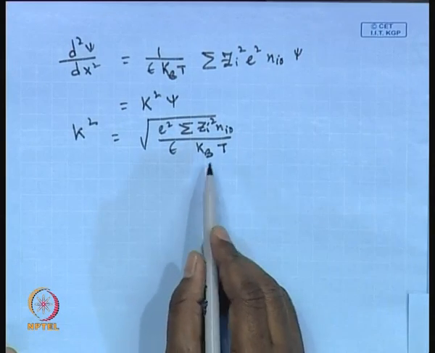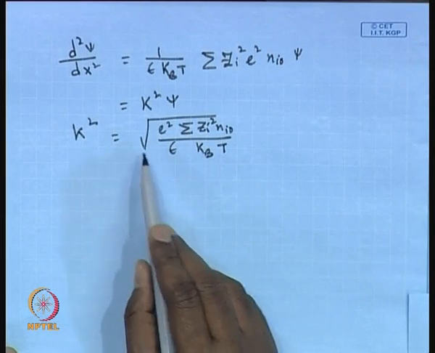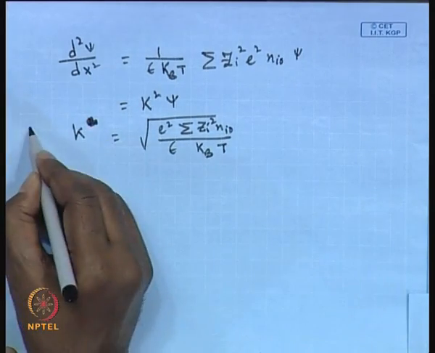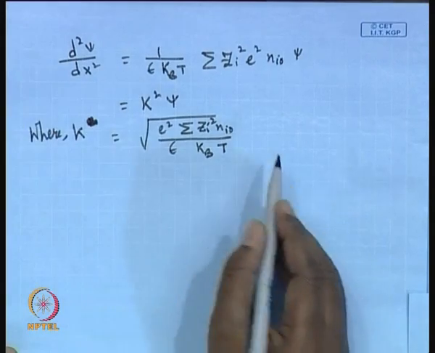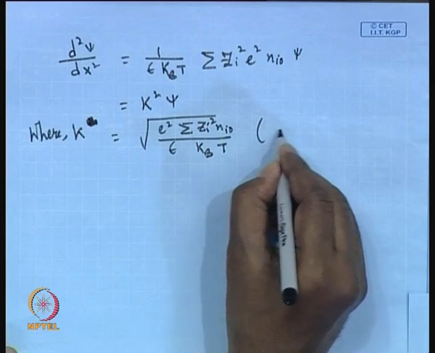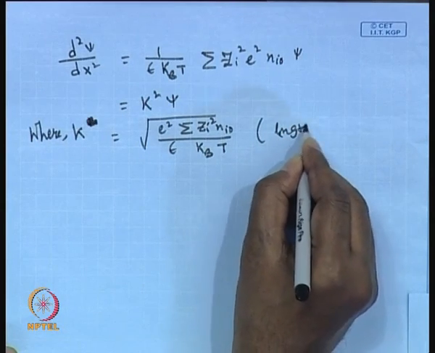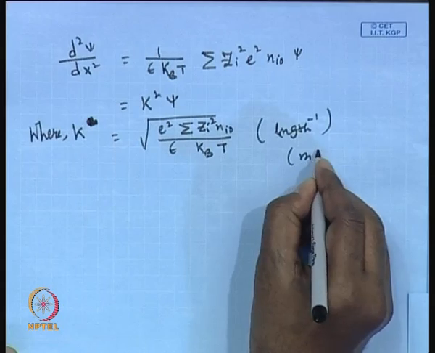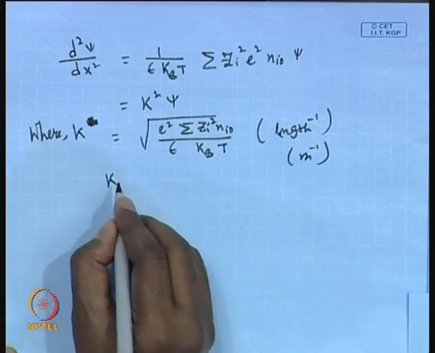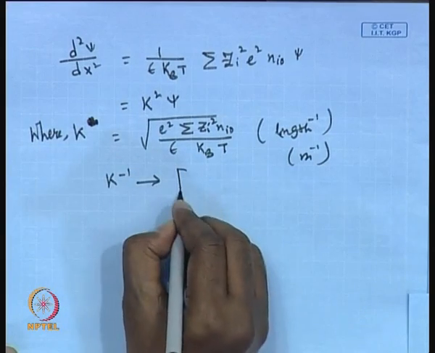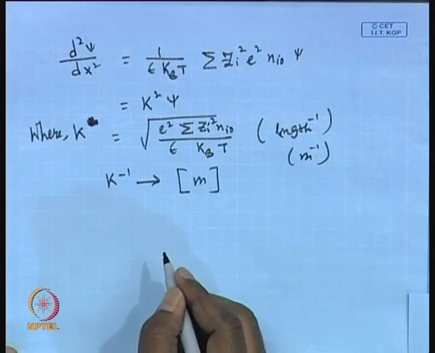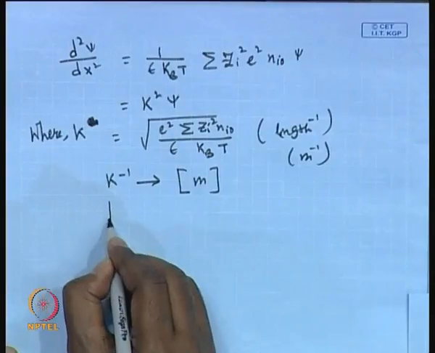Now, if you do a dimensional analysis of this kappa, it will have a unit of length inverse, that means meter inverse. So, kappa inverse will have a unit of length. This particular length is known as the Debye length.